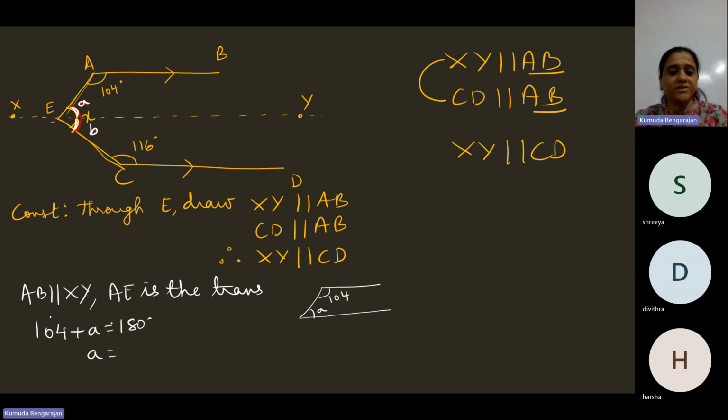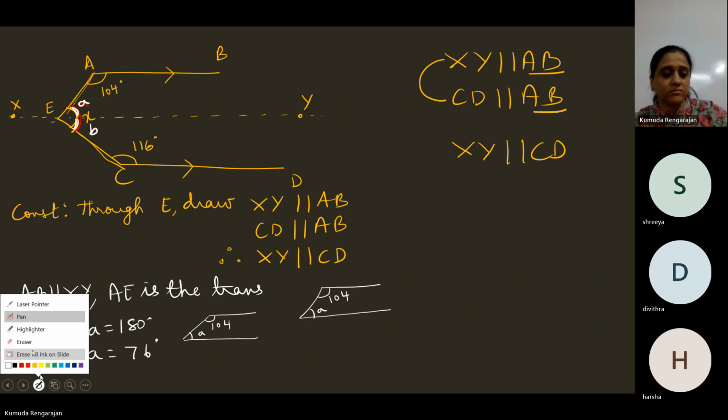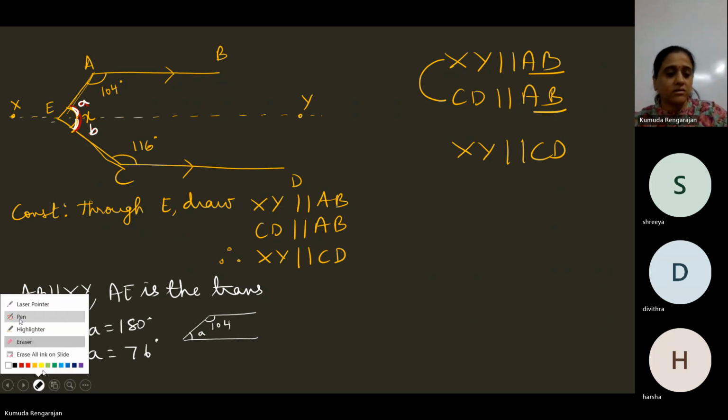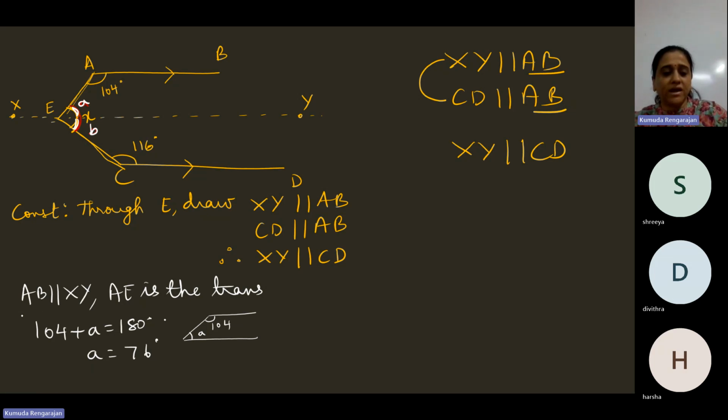A is equal to 180 minus 104, 76 degrees. A is 76 degrees. The reason is co-interior angles.